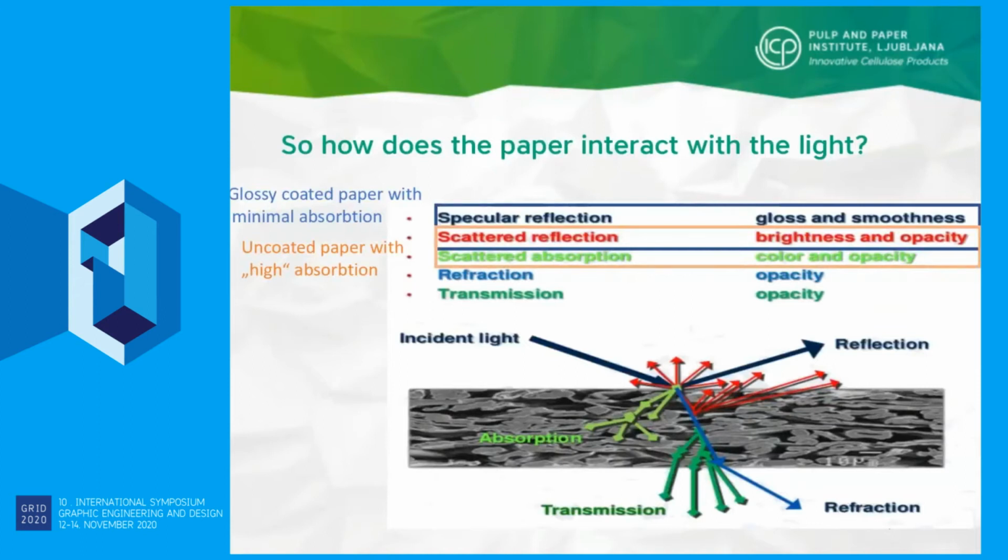And these are the things that have been checked, for example, in this paper matrix. But for uncoated paper, where you have just some surface sizing and some fillers in the structure, not on the surface, to enhance the optical properties, you also have scattered absorption, which influences the color and opacity of the fibers and the materials which have been used.